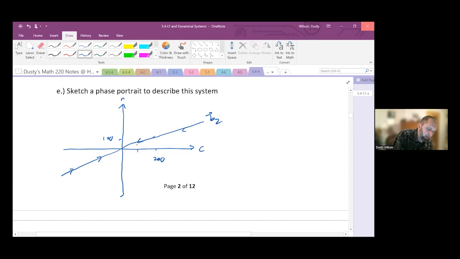And then our other eigenvector is 100, 300. Here's our B1. Let me see if I can move this over. So here's B2. So B2 is here.